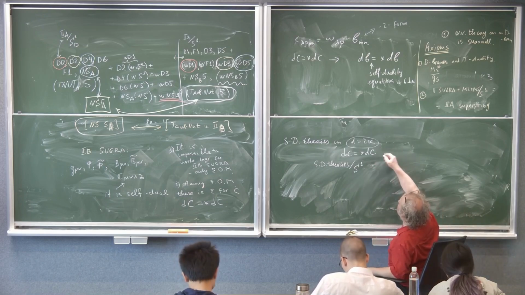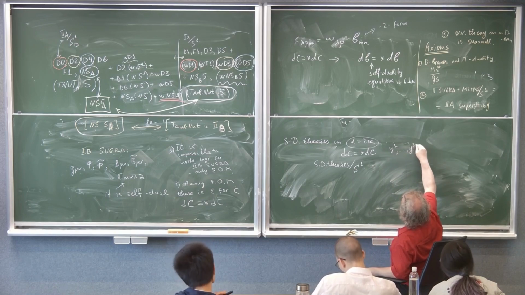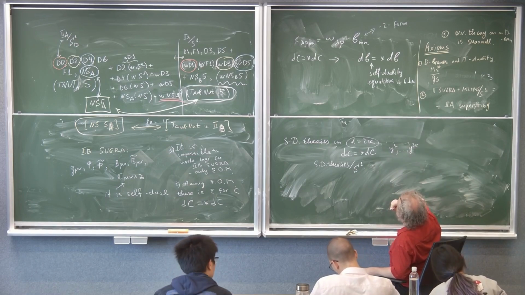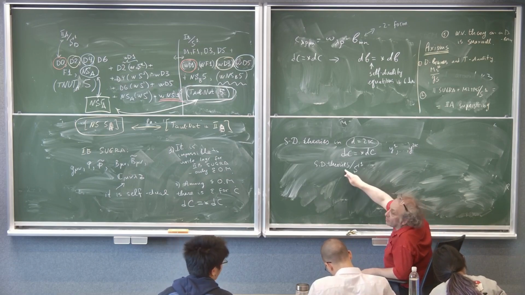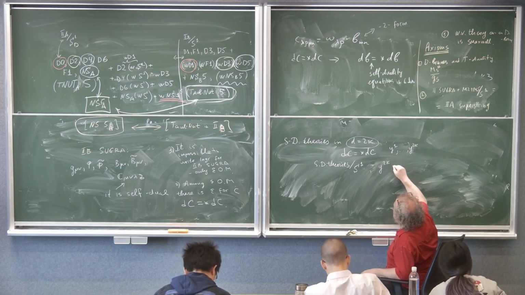Suppose that here I have coordinates y1, ..., y2k. Let me make a compactification and let me say that y2k is compact.